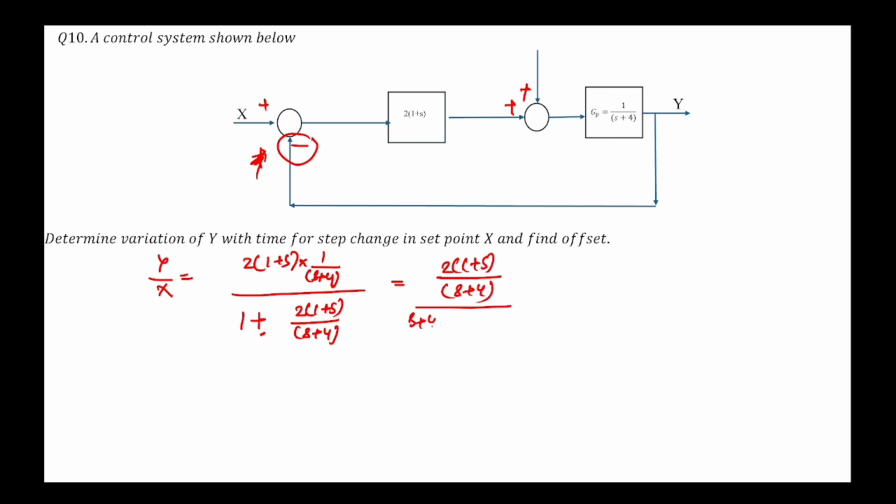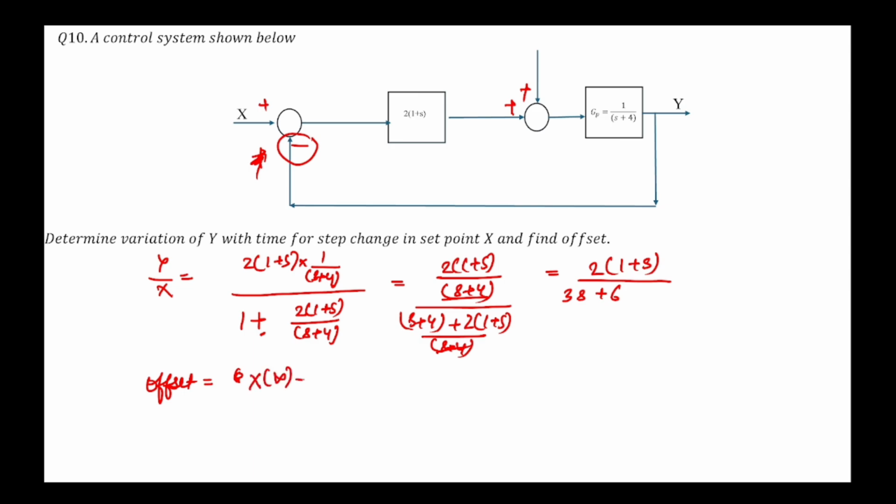S plus 4 and s plus 4 will cancel out to 1 plus s, s plus 2s is 3s, plus 6, so 3s plus 6. So this will be the transfer function.